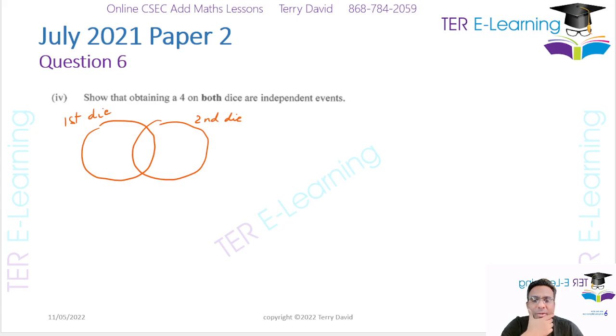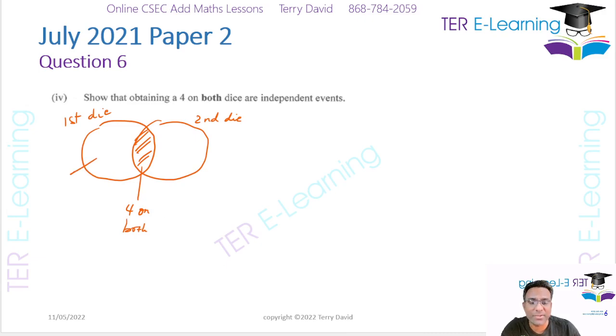Now, in the intersection of those two, you're getting a 4 on both dice. So this here represents a 4 on both of them. This one here represents a 4 on only one of them, on die 1.